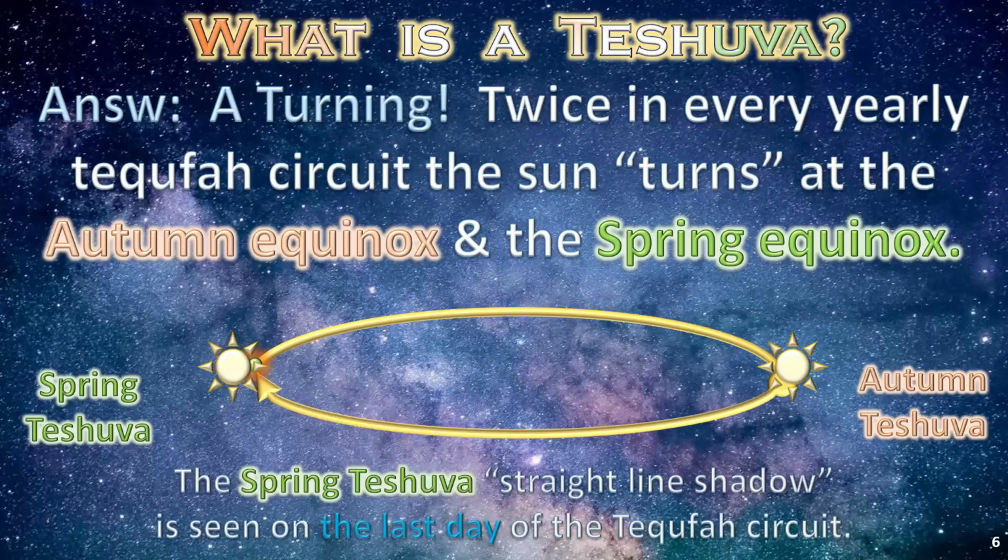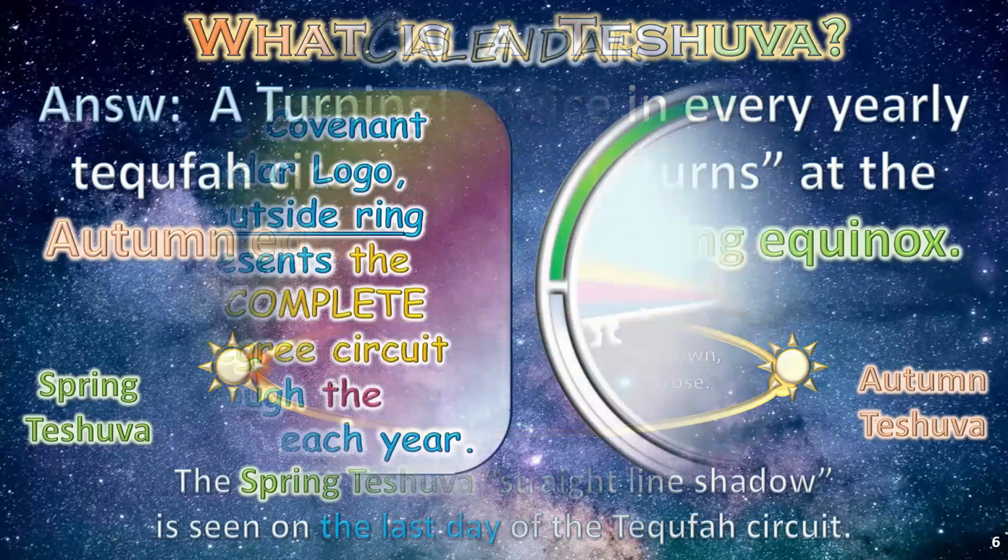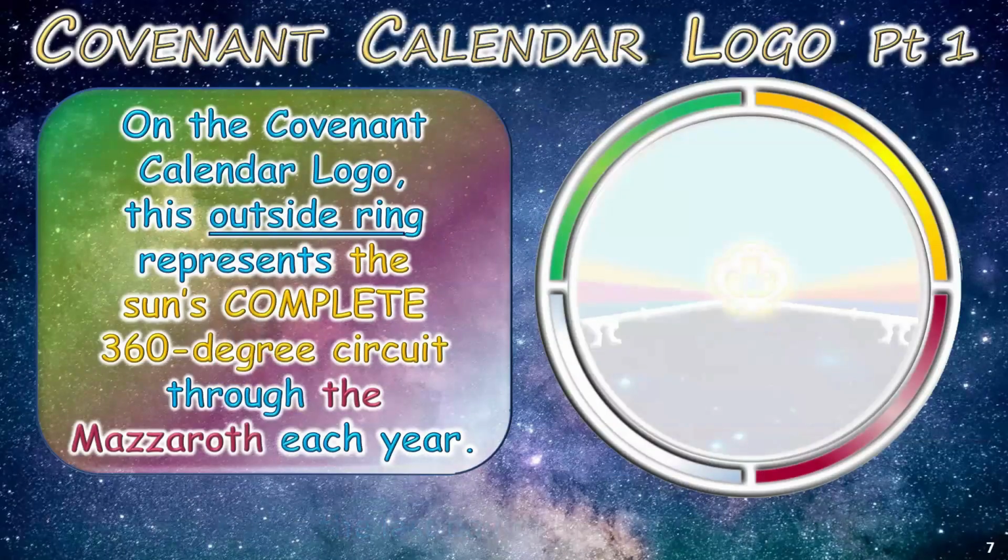The spring teshuva will have a straight line shadow, and when you see that shadow in the spring and in the northern hemisphere, that will be on the last day of the Tequfah circuit, the very last day. It's all marked in the heavens. So we're going to look at 2 different parts for the covenant calendar logo.